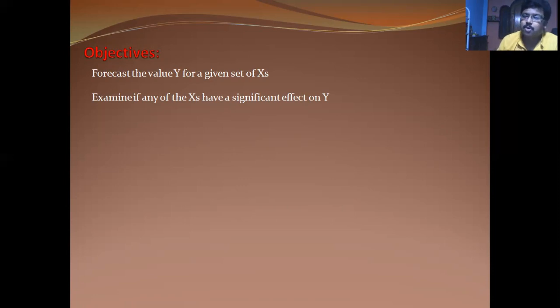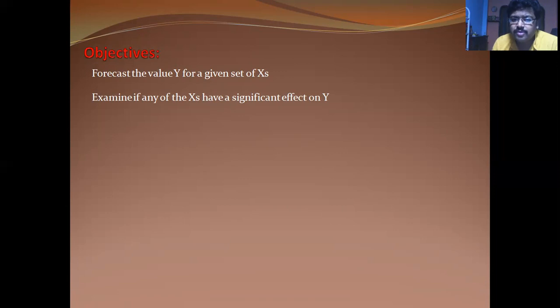Forecasting is important. Why do we study the regression analysis? For the forecasting purpose. Forecasting of what? Forecasting of the dependent variable. What is the dependent variable? In our example, y is the dependent variable. Okay. So this is one of the objectives of the regression analysis.